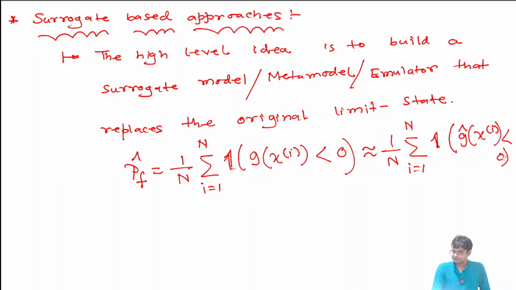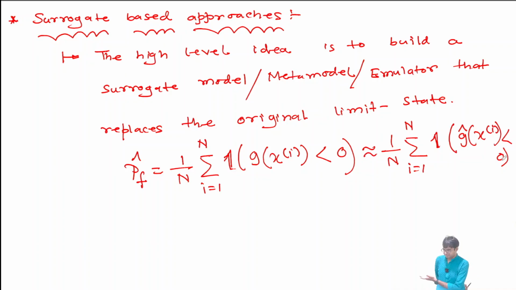Right. So this is what you will do in a surrogate model. You will try to build this g hat x, or g hat, which is a replacement for this g, and then use g hat to compute the probability of failure. Now you can ask, can I not use this g hat for running my FORM or SORM?